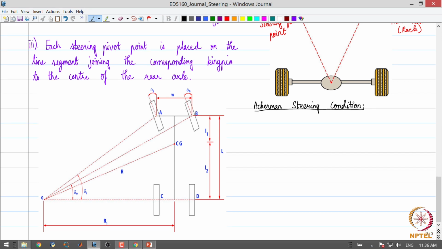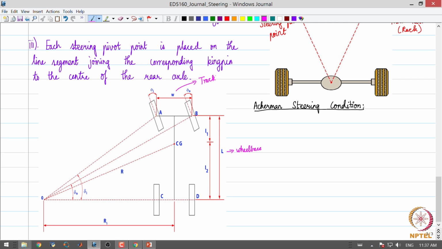We consider this simple schematic where we have a vehicle of wheelbase L. We already know that capital L is the wheelbase and our CG is at a distance of L1 and L2 from the front and rear wheel centers. This W is called the track, not the vehicle width, although people sometimes use it interchangeably with width.